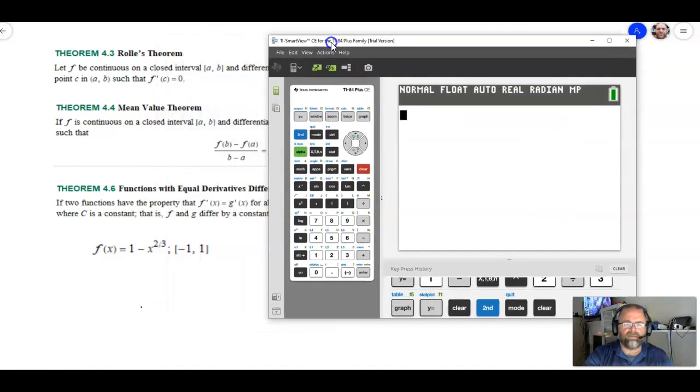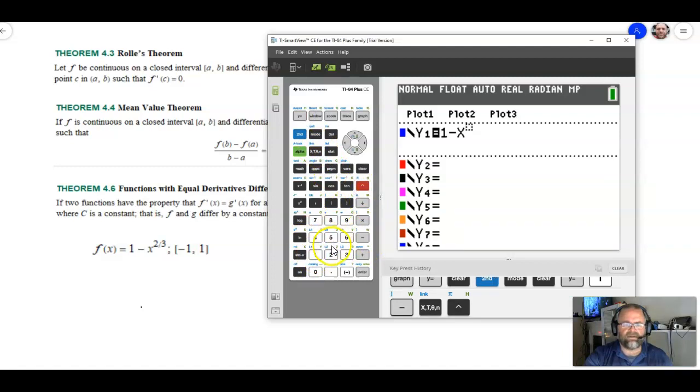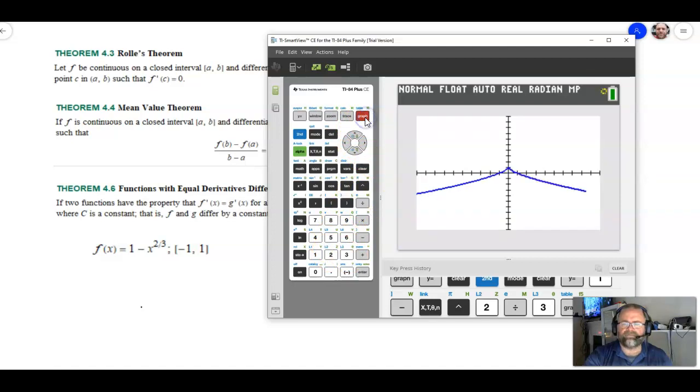All right, so going to my calculator here, go to y equals, and we're going to put in 1 minus x raised to the 2/3. And let's go ahead and graph this. And as you can see, here's -1, there's +1. It definitely looks like it's continuous, but it is highly doubtful that it is differentiable at the x value equal to 0.